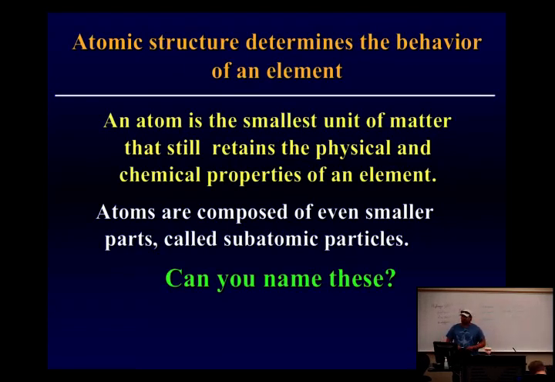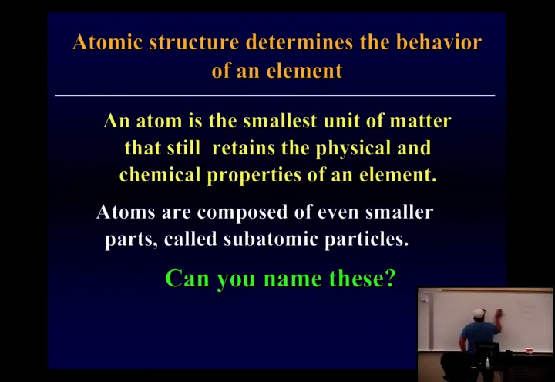Let's try one that you're familiar with, like sodium. How many protons, electrons, and neutrons are found in sodium? Okay, so sodium's atomic number, the number up on top, is 11.